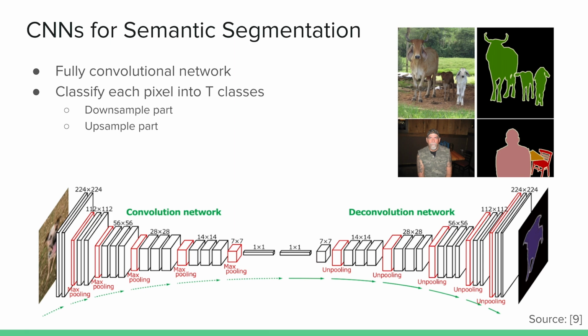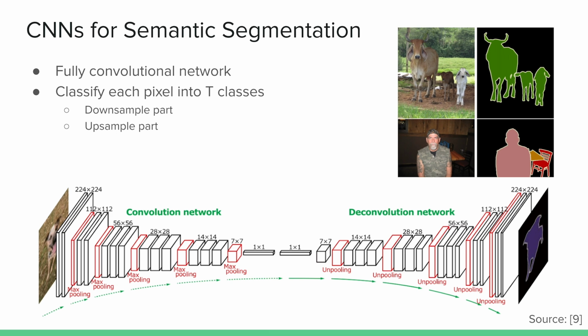We can also do semantic segmentation where we say, okay, assign a class label to each pixel, but not necessarily to each instance. And one way of doing this could be with a fully convolutional network, where we have a bunch of convolutions that always make the image smaller. And in the middle, we have something really interesting.